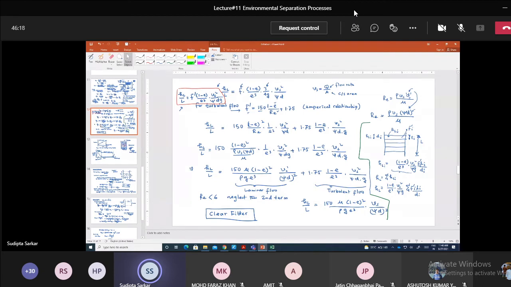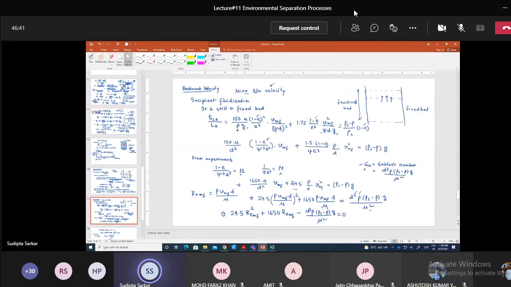Normally, in your book, probably E is defined as the void ratio, so that's why this confusion is coming. Here I am just saying E is the porosity. All right, anyway, let me get back to this part.